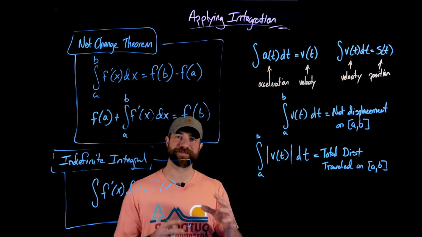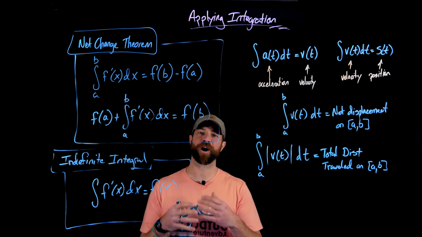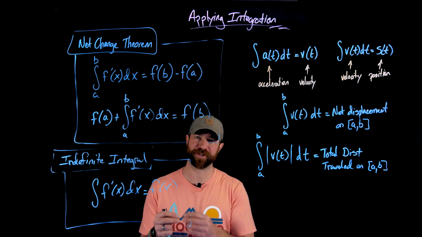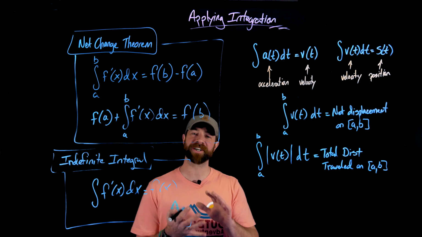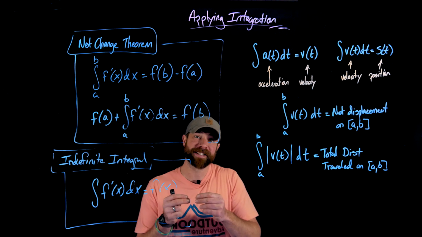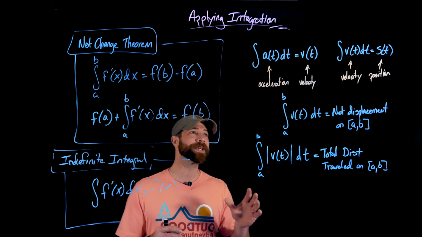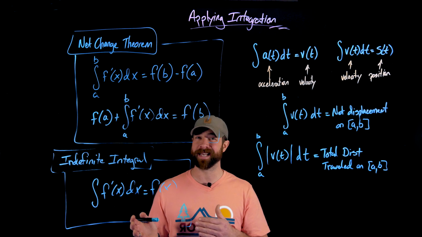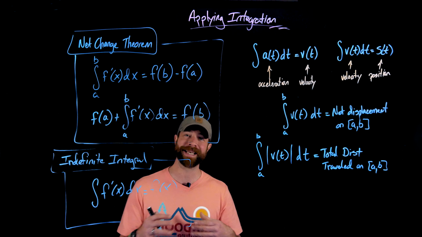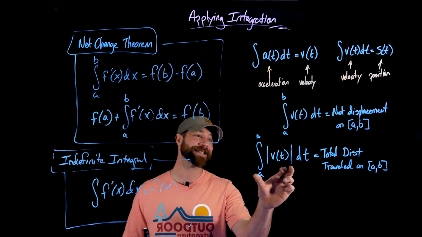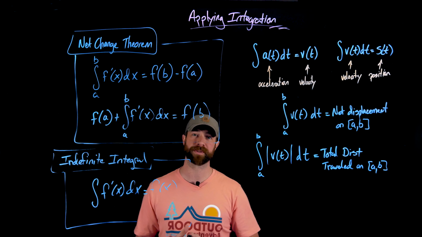And these descriptions of the net displacement and total distance obviously come from the fact that we're using a velocity function. But again, these concepts relate in similar ways for any kind of rate of change function. But let's do an example here with this idea of net displacement and total distance, just so we get an idea, especially of how to deal with these absolute value integrals.